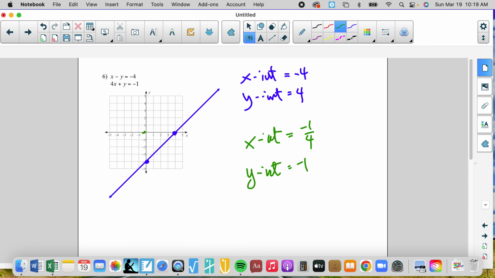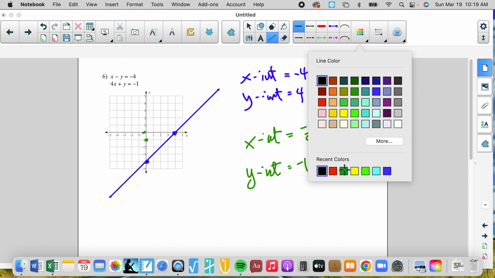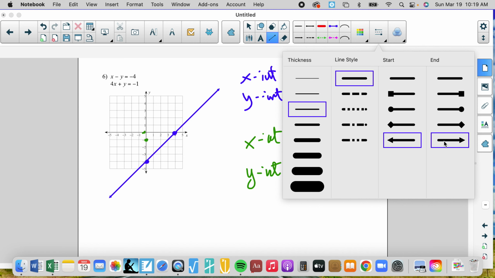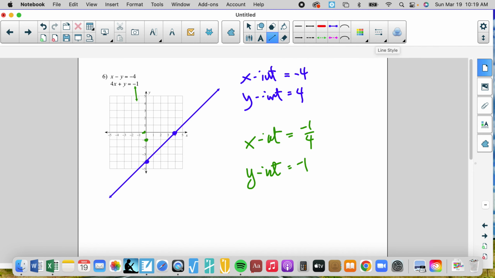And then my y-intercept is negative 1. So here, oh baby, look at that. Okay. Again, probably not the best second problem to choose from, Mr. McCausland. But let's play. Let's go. Let's do it. All right.